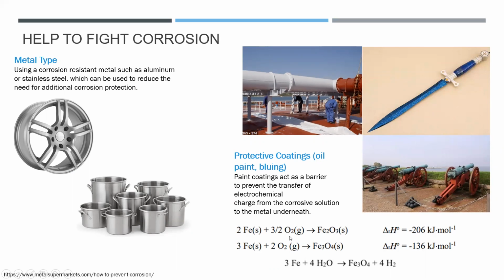Fe then forms with oxygen into Fe3O4, which is magnetite. A very thin layer of magnetite covers the surface of the sword, and it plays a very important role against corrosion. Here are the overall equations.